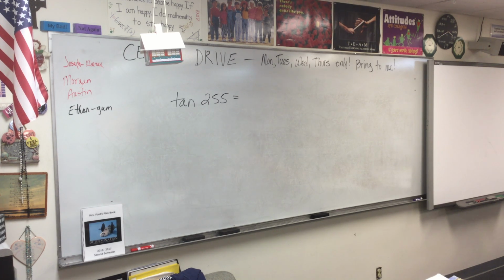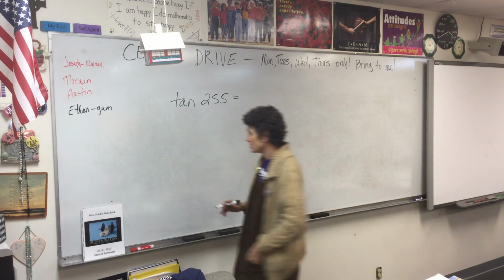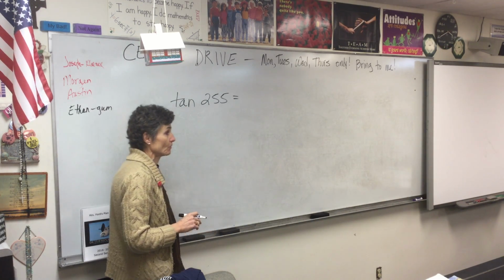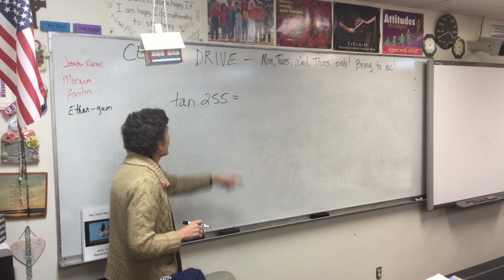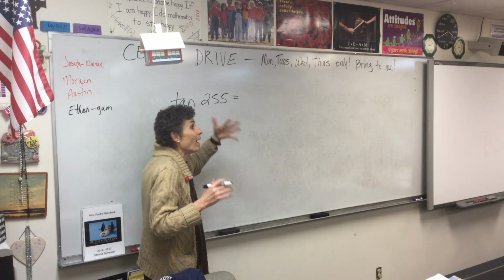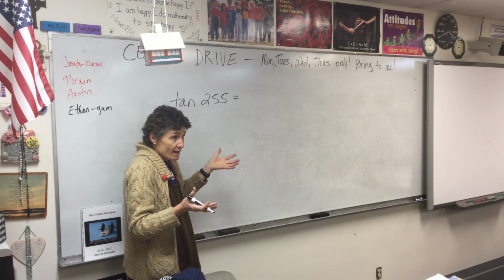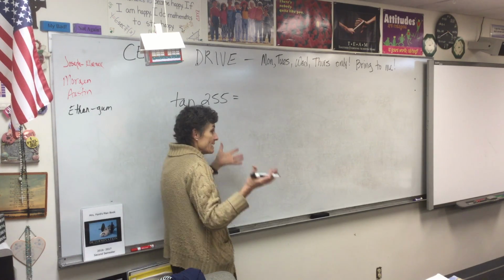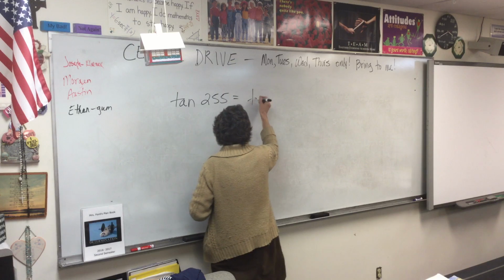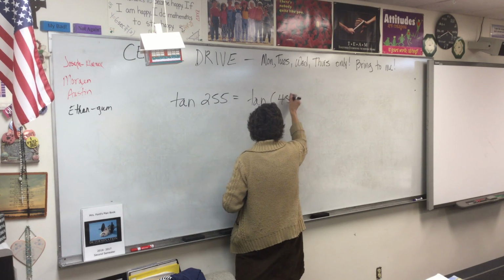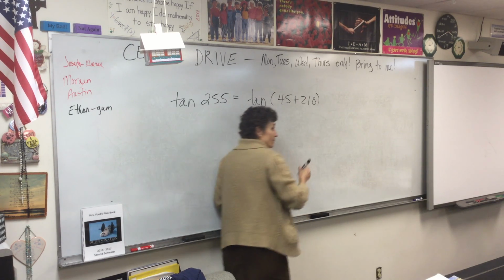So here we go. How do we start? How do we find the tangent of 255? What do we have to do first? Break it up. And when we see a 5, we might want to think about 45. If we did that, it would be 45 plus 210.